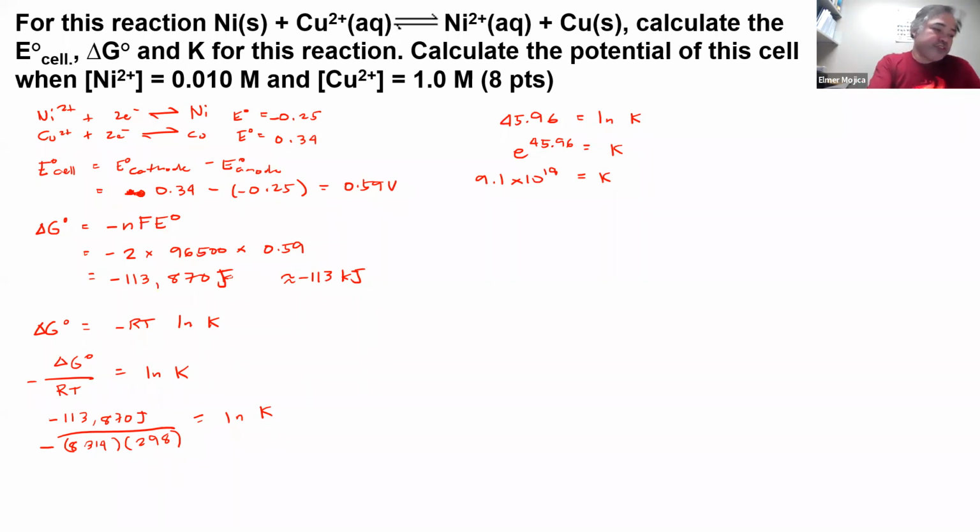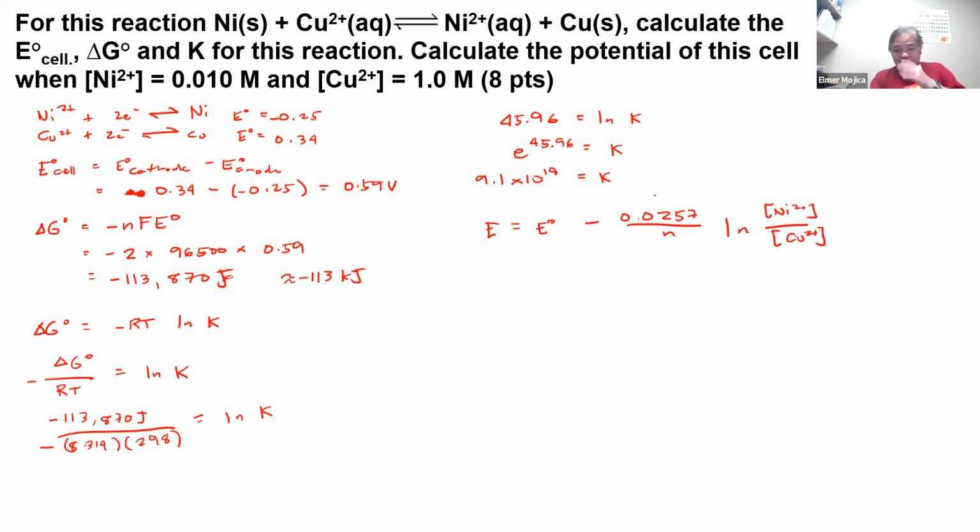Okay. Now, for the last part, we're going to use the so-called Nernst equation, wherein E equals the cell potential minus 0.0257 over n, times ln of the products, which in this case is the nickel 2+ over the copper 2+. So we just use the reaction here.